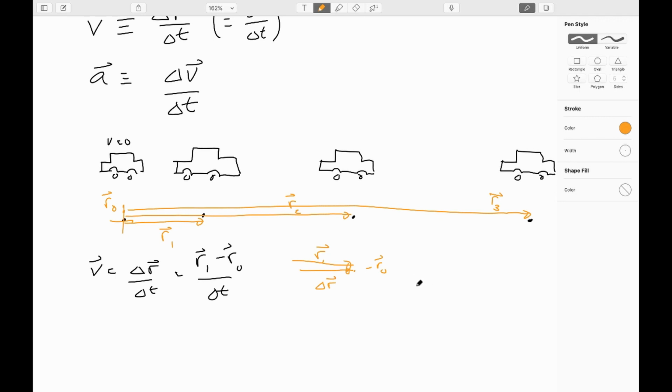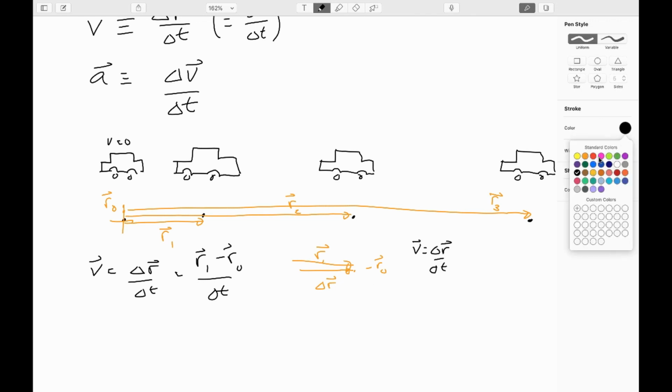We'll do a couple more examples. But the idea here is we then remember that v is delta r over delta t. So what we'll get is a vector that points in the same direction as my delta r. And its length will be proportional.